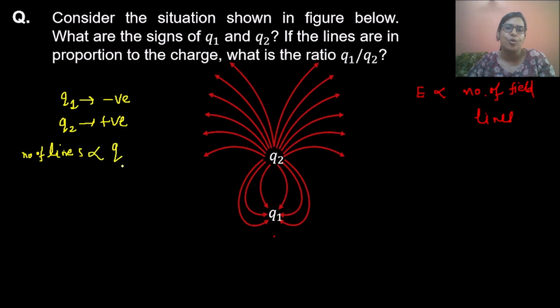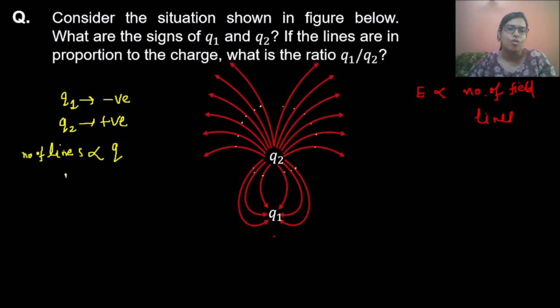Then the ratio Q1 by Q2: the number of lines originating from Q2 is 1, 2, 3, up to 18.